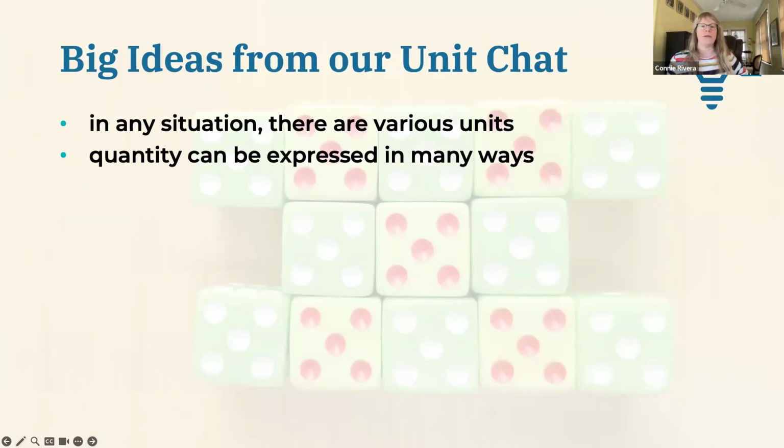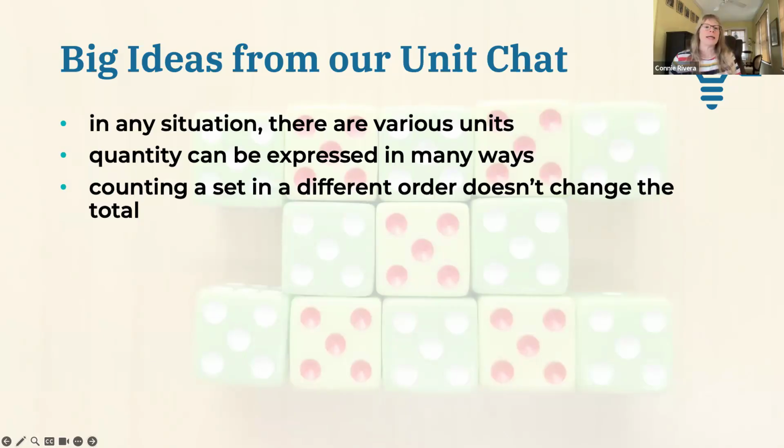This part made me think of a video by Christopher Danielson, a TED-Ed video. I know it's really popular, so you can find it just by searching his name. It's called One is One, or Is It? Counting a set in a different order doesn't change the total.